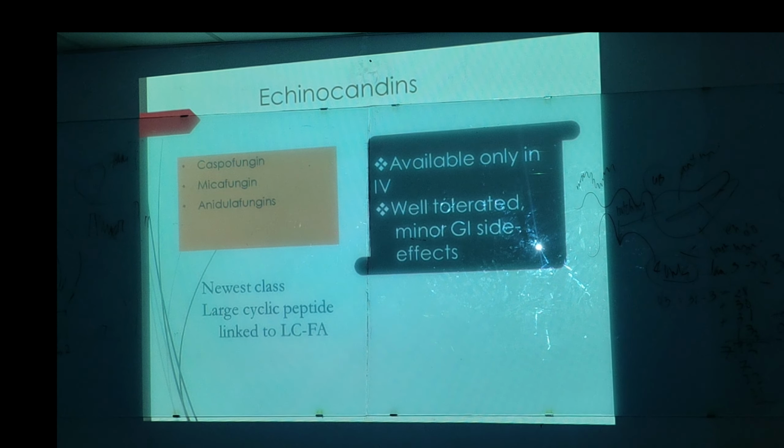Okay, echinocandins, these are your fungins, so they end in fungin: caspofungin, micafungin, and anidulafungin. They are only available as IV preparations, but they are well tolerated with minor GI side effects.